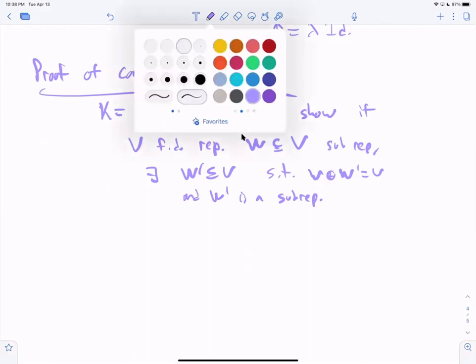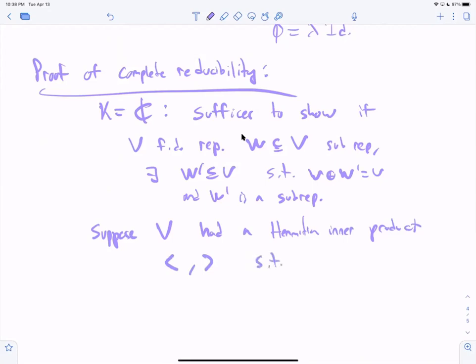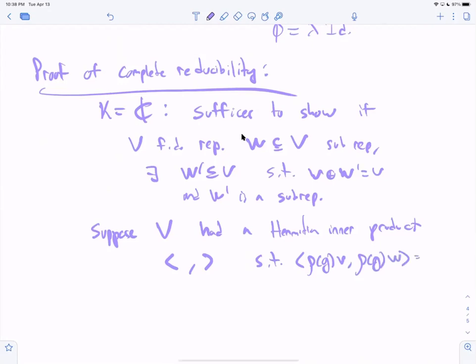So how do we do this? Well, suppose V had a Hermitian inner product, brackets, such that if I hit V and W with the action of some element of G, rho of g, and I do the inner product, I get the same thing.